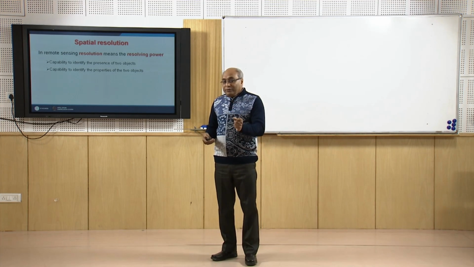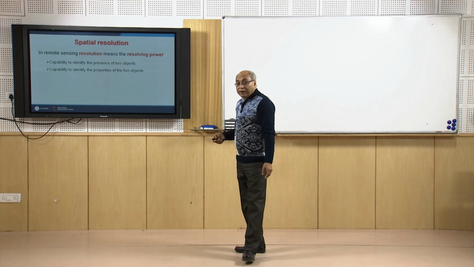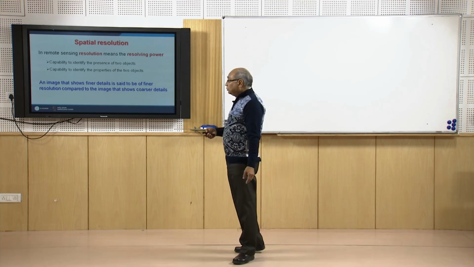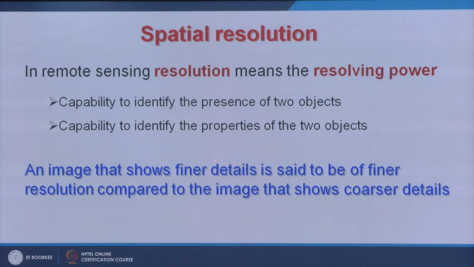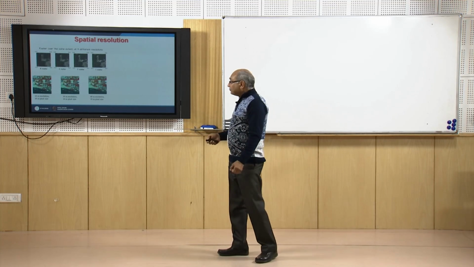If the same pixel values are recorded for two adjacent objects, that means we cannot resolve or distinguish between these two objects, and therefore we will say it might be a poor spatial resolution. So an image that shows finer details is said to be a finer resolution compared to an image that shows coarser details.